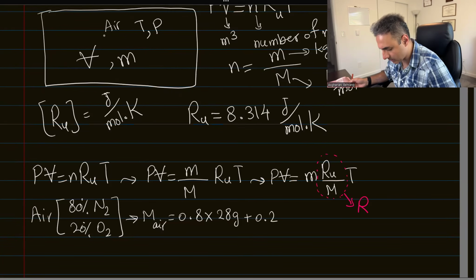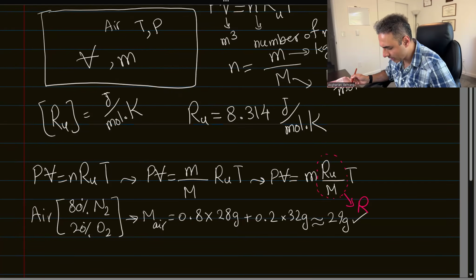One oxygen is 16, O2 is 32 grams. Then I get something around 29, like 28.8, but about 29 grams. That would be the molar mass for air. I can also rewrite this as 0.029 kilograms in basic SI units.